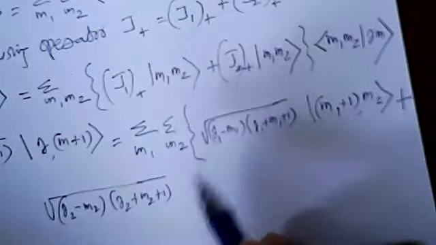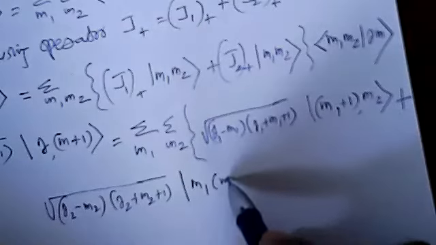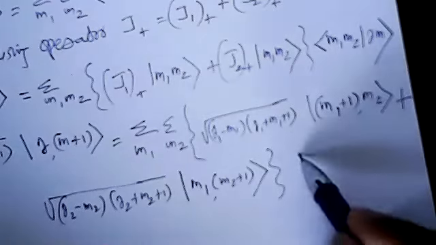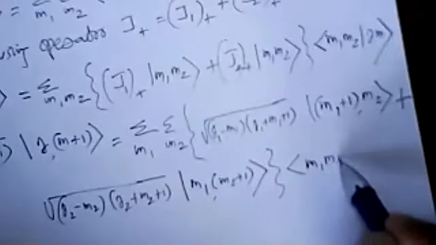And the coefficient is the root of (J2 minus M2) times (J2 plus M2 plus 1). Then ket |M1, M2 plus 1>: no change for M1, M2 gets raised by 1. Then close the bracket. Then <M1, M2 | J, M>.